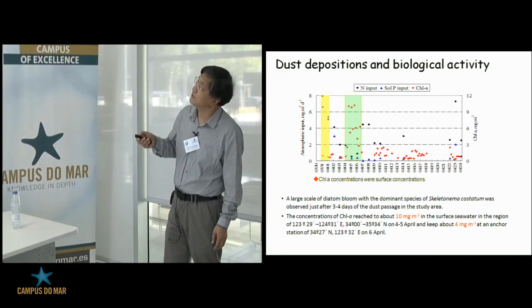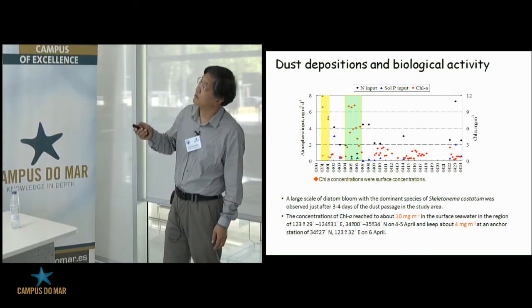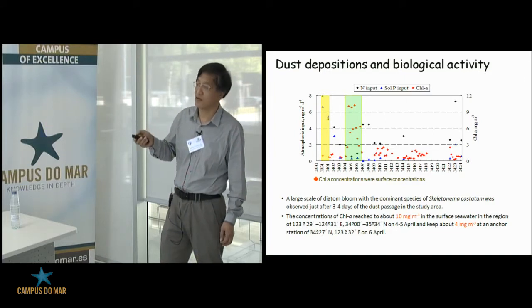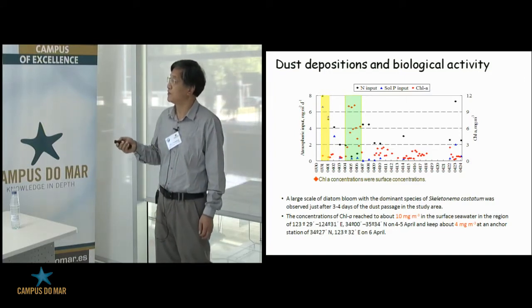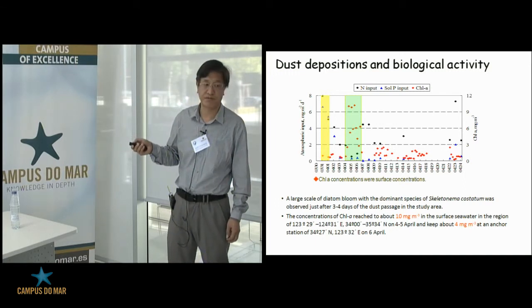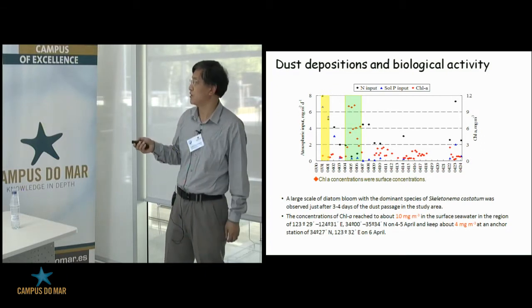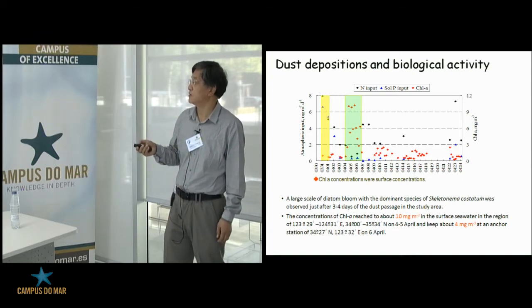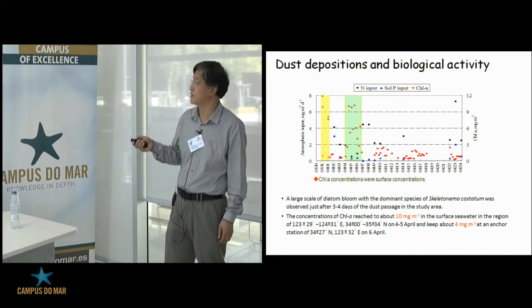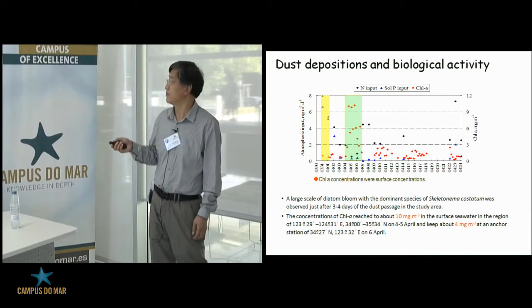In general, at the end of March there were high inputs of nitrogen, phosphorus, and iron, and then 1 week later there was a big peak of chlorophyll. The chlorophyll reached about 10 micrograms per cubic meter. That means there will be a bloom here, and this high concentration lasted a week, till April 4th or 5th, about 4 micrograms per cubic meter.